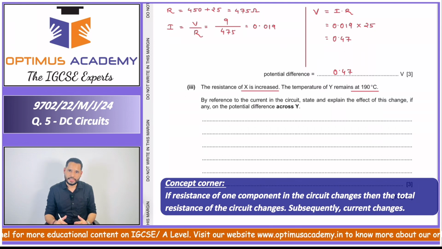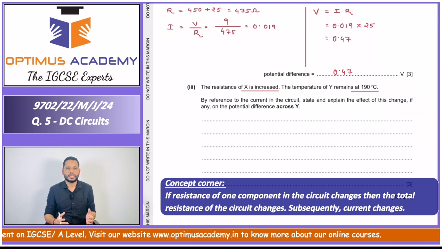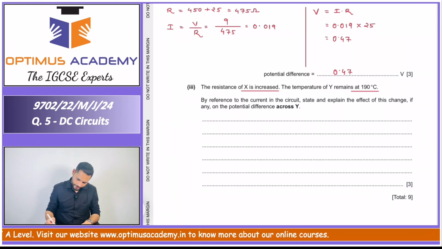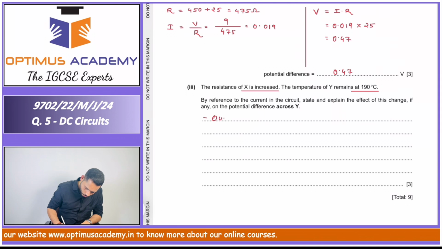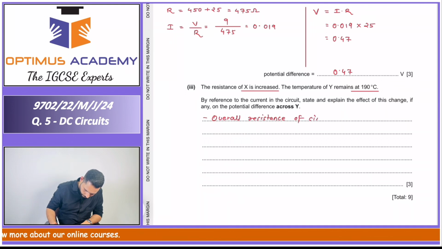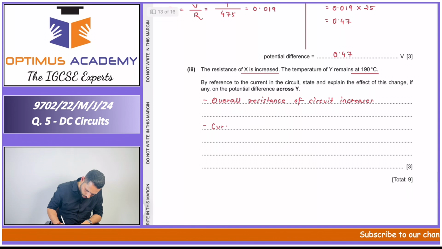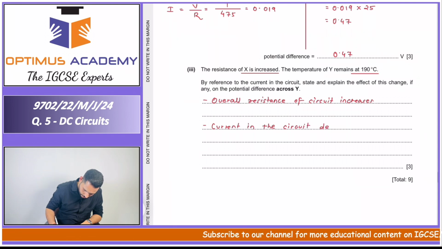If current decreases, the potential difference across Y will also decrease because V is equal to I into R. So, we can write the overall resistance of the circuit increases, because of which the current in the circuit decreases.